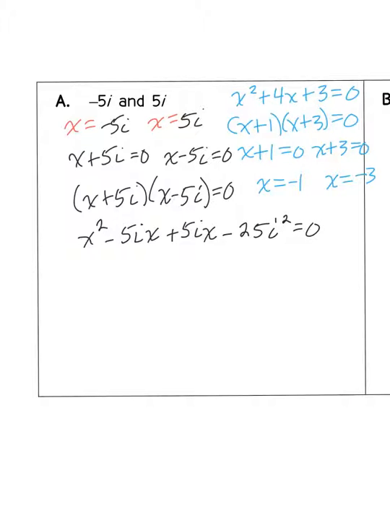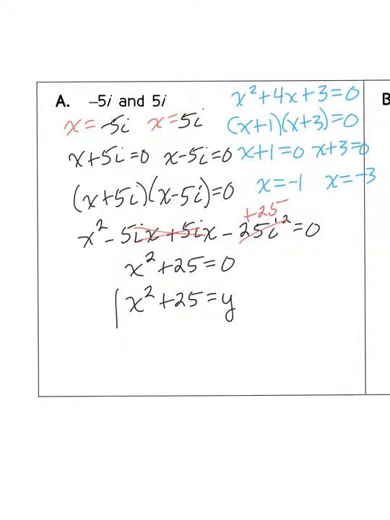Remember, i squared is -1, so it changes the sign, and this becomes a +25. And these are going to cancel. And so we end up with x squared plus 25 equals 0, and then you're going to replace 0 with y. So x squared plus 25 is equal to y, and that is your solution.